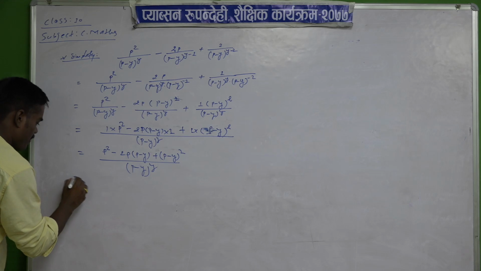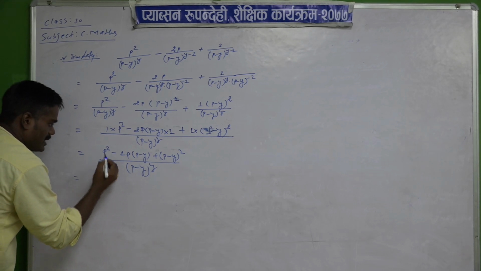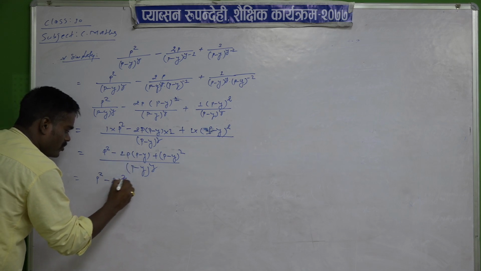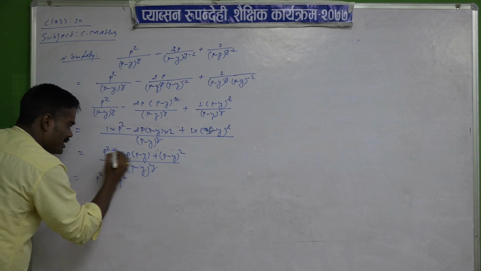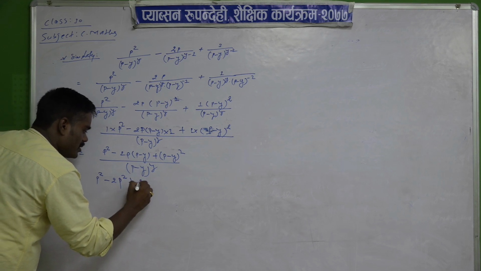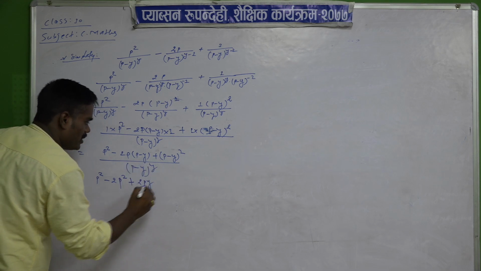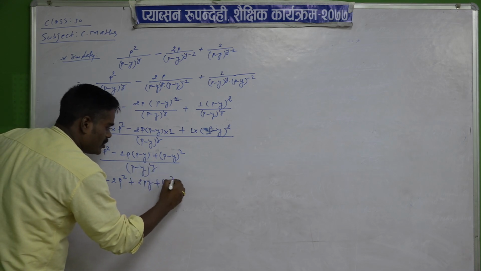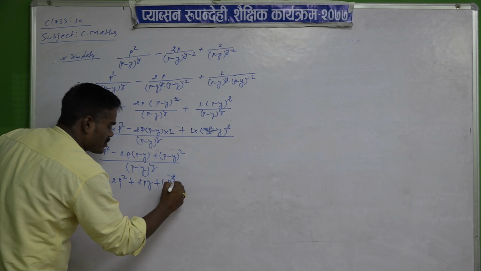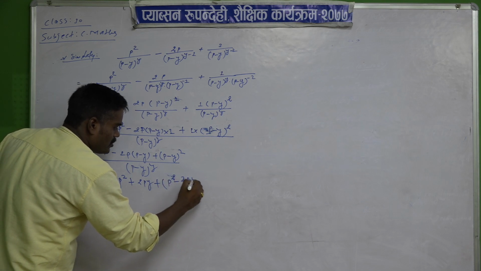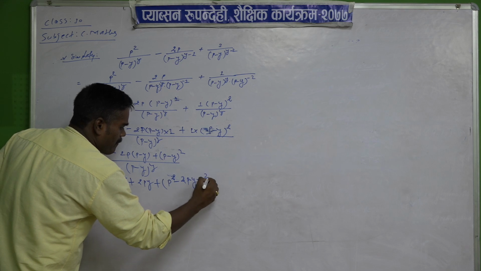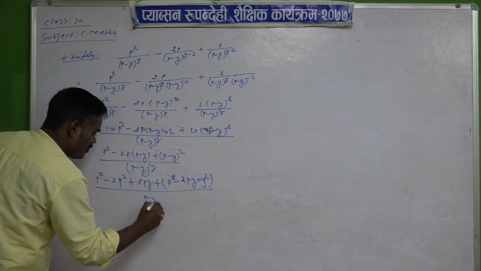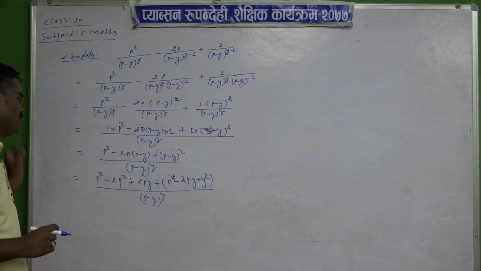So see there, p² minus into plus minus 2 into p, 2p² minus into minus plus 2p into y, 2py plus here plus sign. So keep your bracket, use the formula (a − b)² = a² − 2ab + b², whole upon (p − y) whole power y.